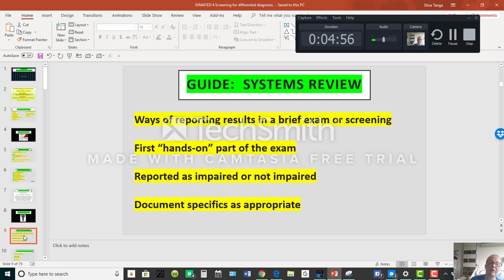Ways of reporting results in a brief exam or screening. And this is the first hands-on part of the exam, reported as impaired or not impaired. The document specifics as appropriate.